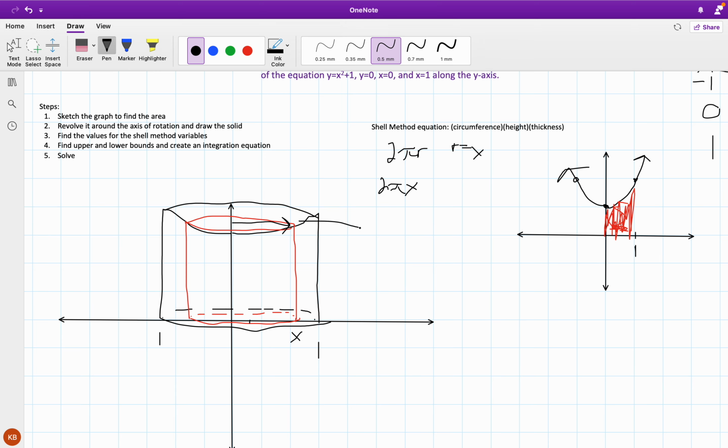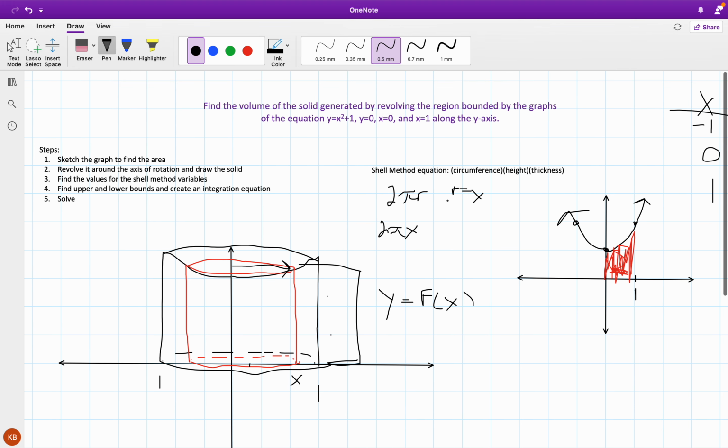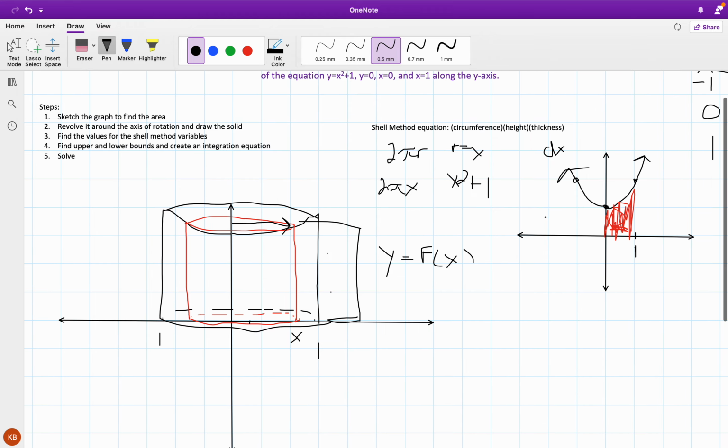So the height for this one is right here. And if it's smaller or larger or wherever it is, it's always going to equal y, which is f of x. Which means that our height is going to be x squared plus 1. And then the thickness is just dx, which is why we're integrating.